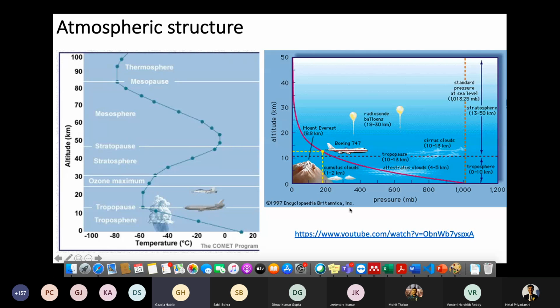The layer above the mesosphere, the thermosphere, because of the presence of oxygen and nitrogen, has a large amount of UV and X-ray energy absorption, and therefore it results in an increase in temperature with height.